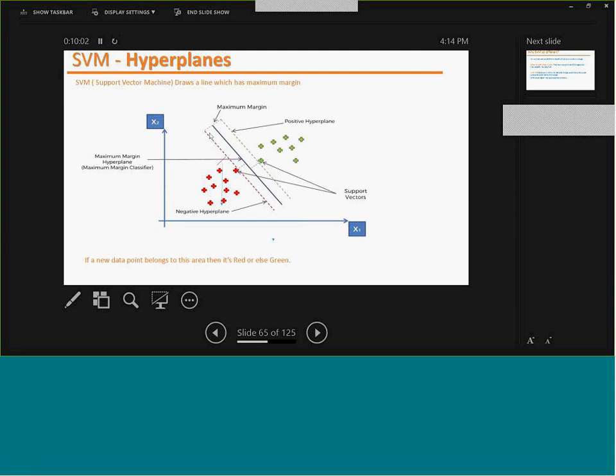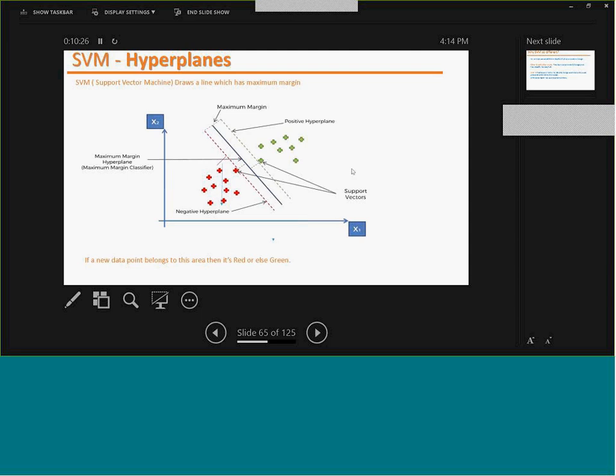And then we identify that whatever falls below this red line will get into the negative hyperplane, and that's why we'll call it category 1 or a red marked data point. Whatever is above this particular line becomes the positive hyperplane, and then we will call it a green data point.